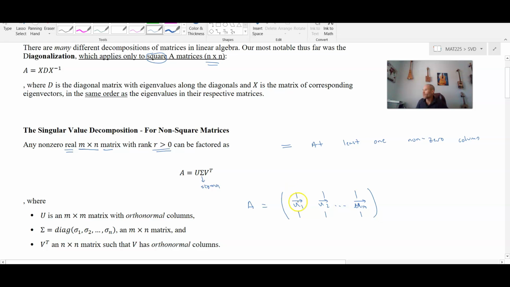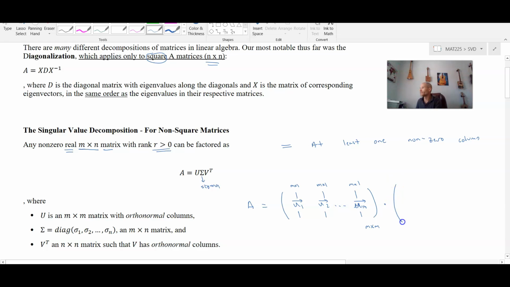And each of these vectors is going to be m by 1, because it has to have m rows, and then it will have m of those column vectors, so this will be an m by m matrix.